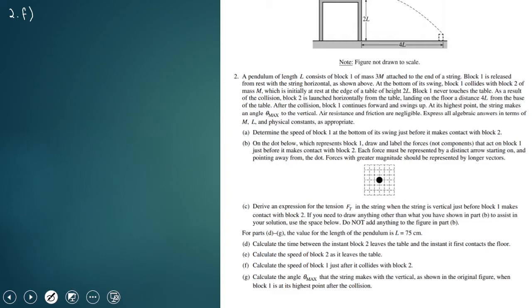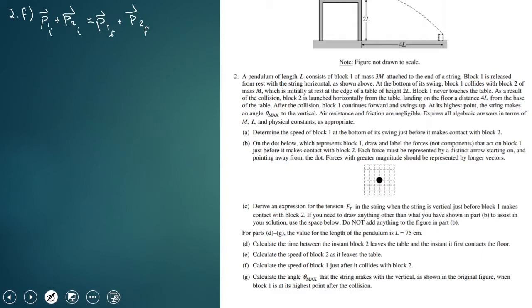And so if we set that up, we see that our P1 plus P2, this is initial, is equal to our momentum 1 final plus our momentum 2 final. This is just how I like to set it up. If you don't set it up like this, that's okay. You can calculate the initial individually and the final individually as well.